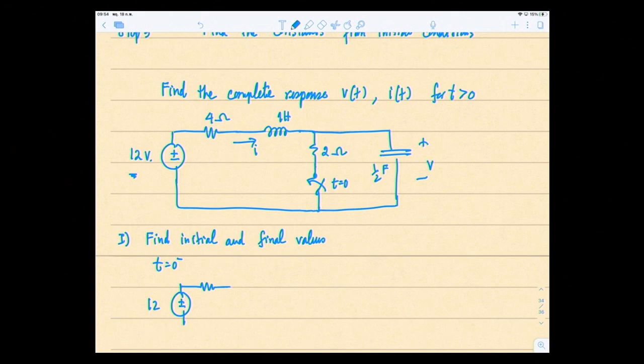Assuming it has reached steady state by t equal to 0 minus, the inductor acts like a short. This is open because the switch was open. And the capacitor would act like an open circuit. So this is your V and this is your I.